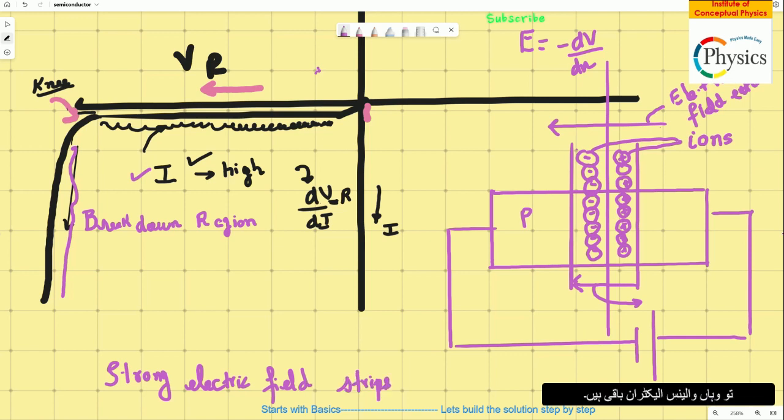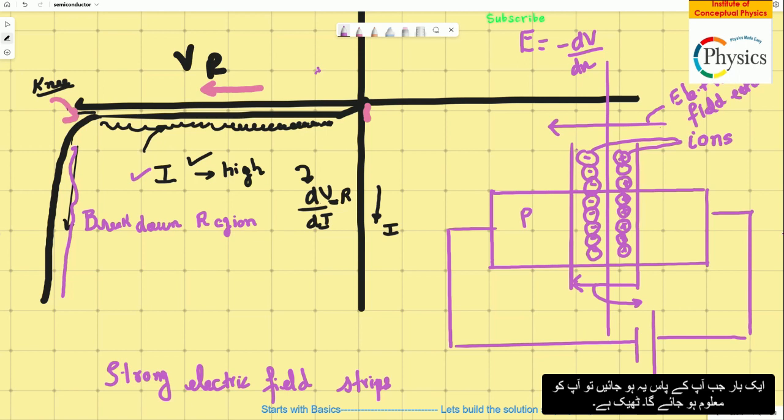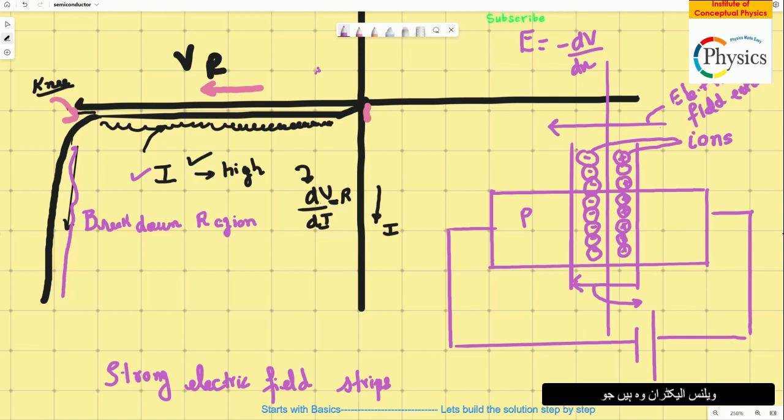So there are valence electrons left. Valence electrons are the ones that participate in formation of covalent bonds, right? So those valence electrons get stripped off. They get removed from the ion.